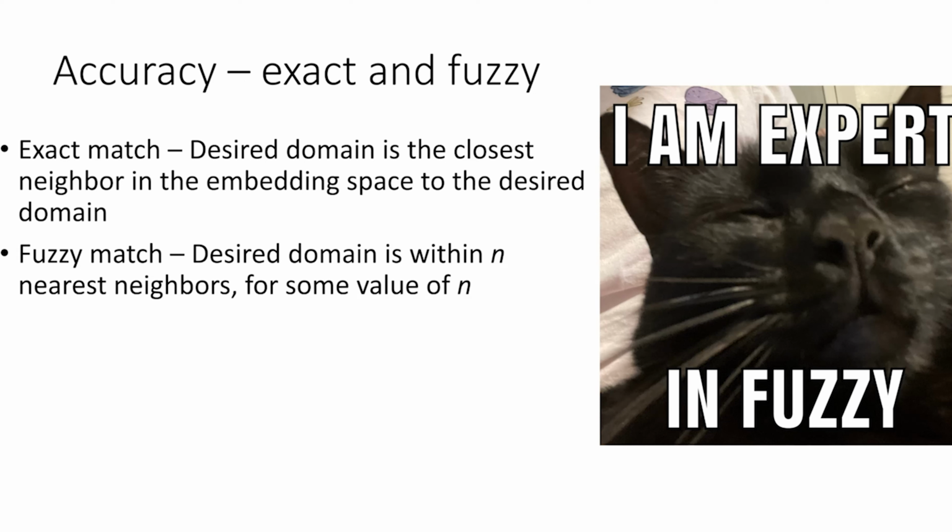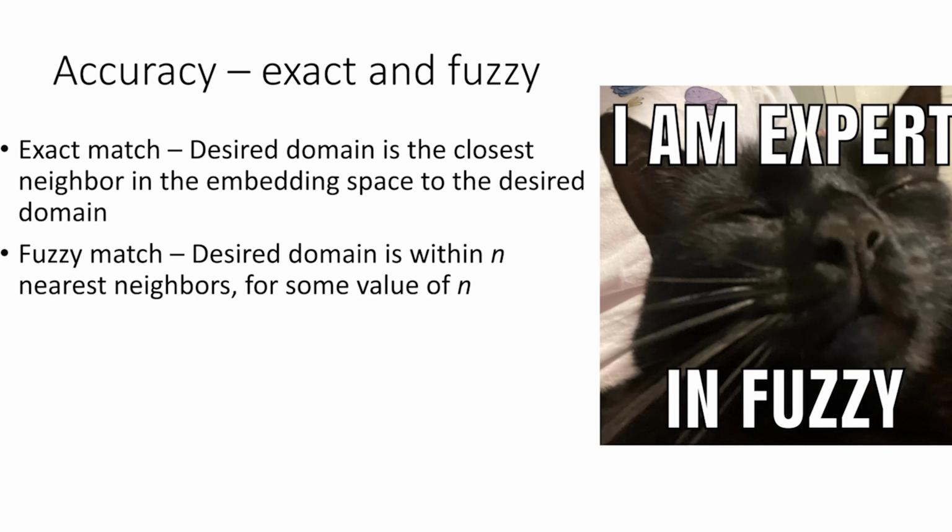The way we're measuring this is, let's say we have our set of 1 million domains that we've stored the embeddings for in this KD tree. If we generate a new homoglyph of one of those domains and feed it into the network, is the resulting embedding the nearest neighbor of the one that we modified, in which case that would be an exact match?